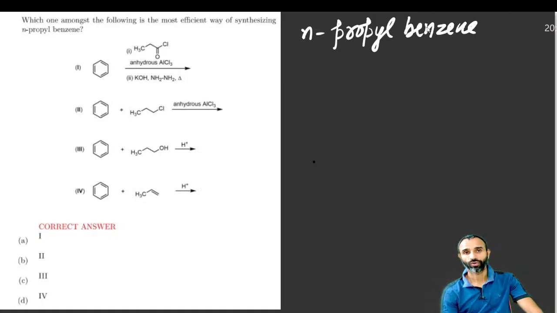if we have the first one, first is Friedel-Crafts acylation.